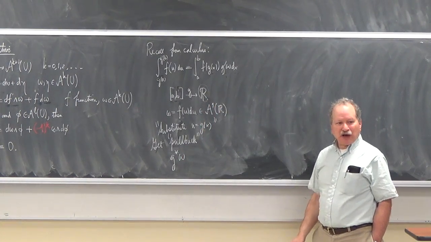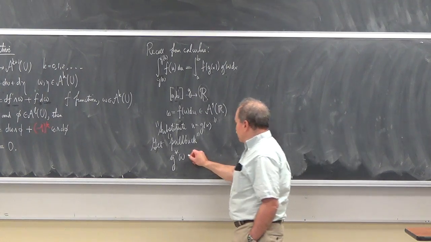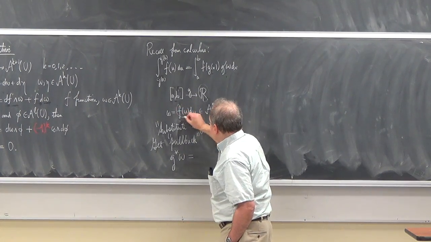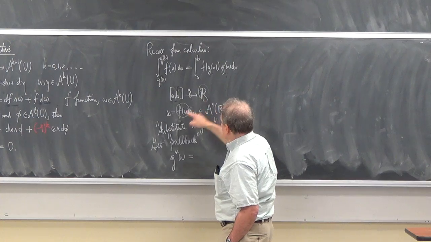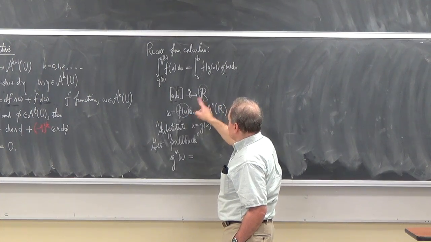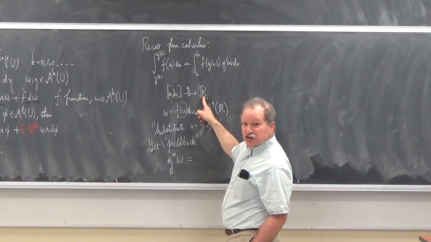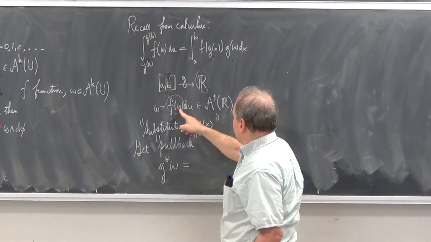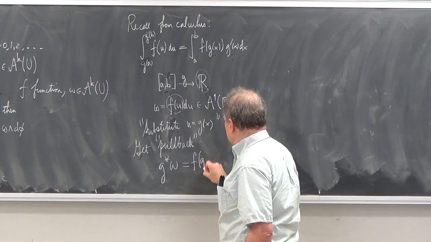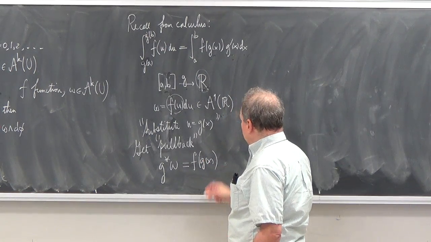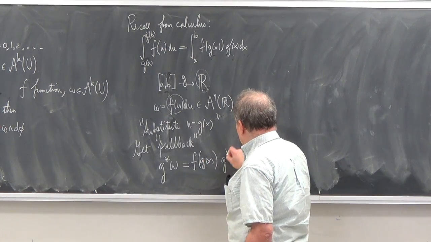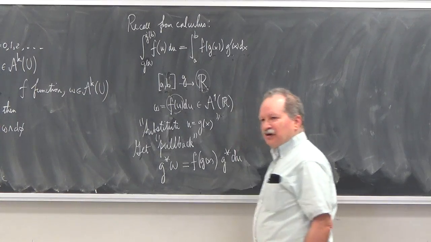And the way the pullback works, I'm about to tell you, is the function, you replace u with g of x. So u is your variable here. You say u is g of x. So f of u becomes f of g of x. And then you pull back du.